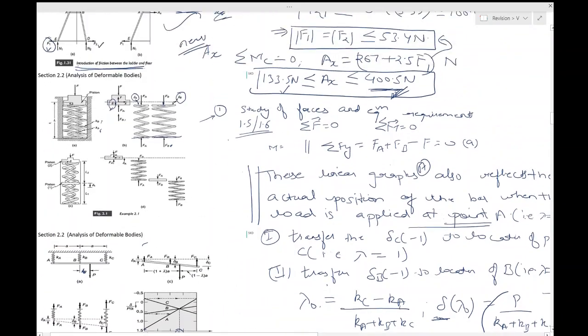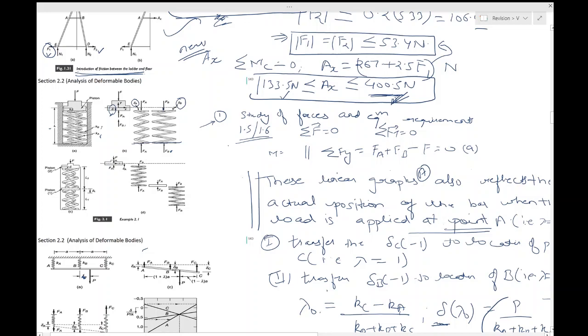There you go. This is example 2.1. And what I'll do is I'll try to use Castigliano's theorem here itself. One thing which I'll do is I'll perhaps use a different ink, maybe a green one over here.